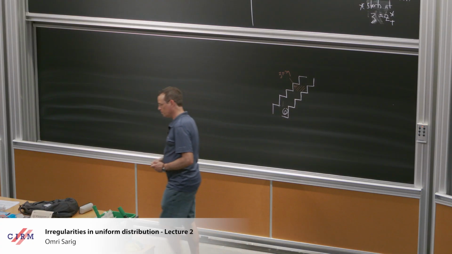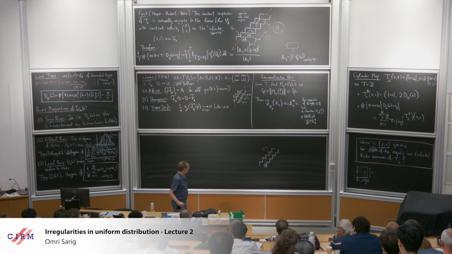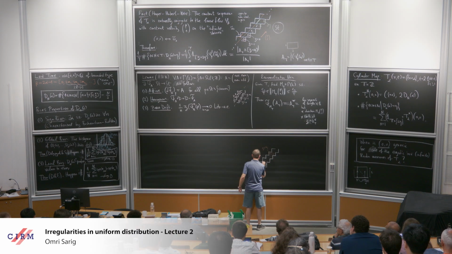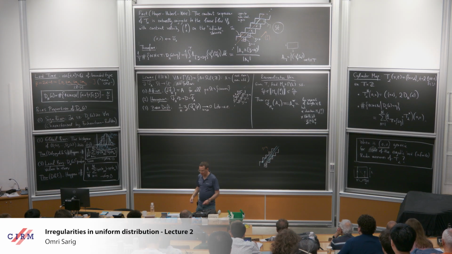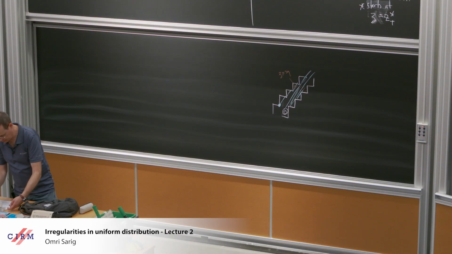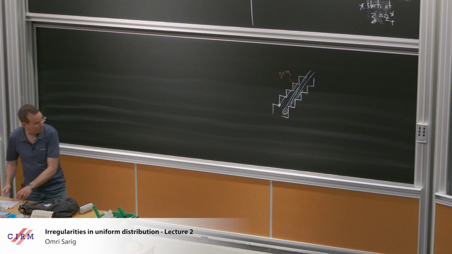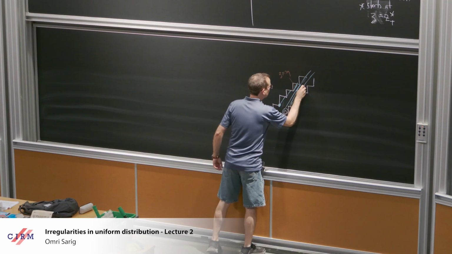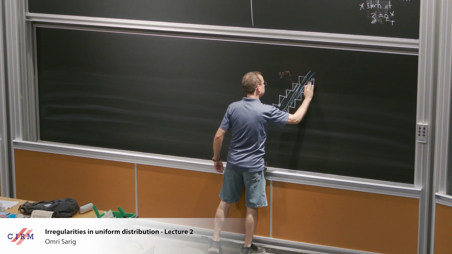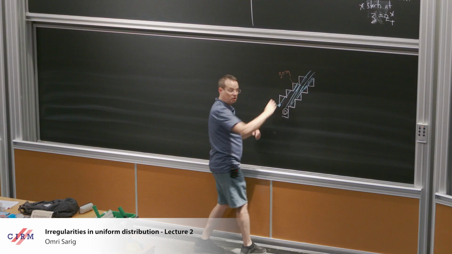So I take my line. This is my initial condition. It starts at the top of rectangle 0, and then it does something. It's supposed to be parallel. So anyway, you understand. I'm interested in the ratio of the intersection with this rectangle to the total length.